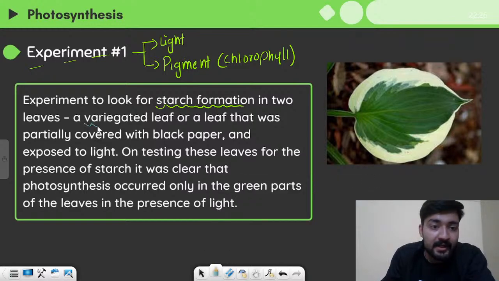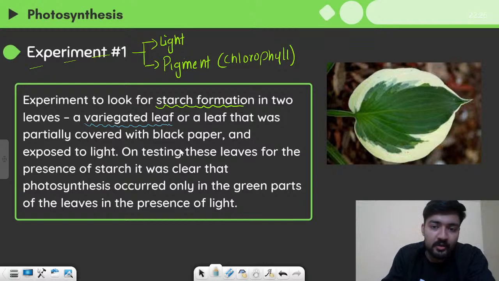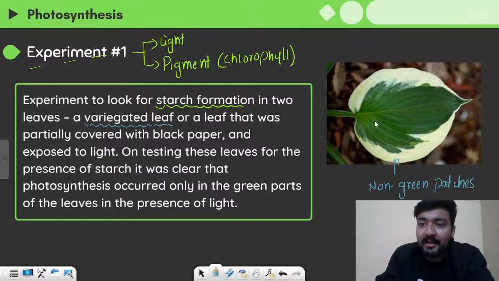First is a variegated leaf. What does that mean? A leaf which has uncolored patches, which are not green, right? So a variegated leaf is a leaf having non-green patches. Of course, these patches do not contain the chlorophyll pigment.